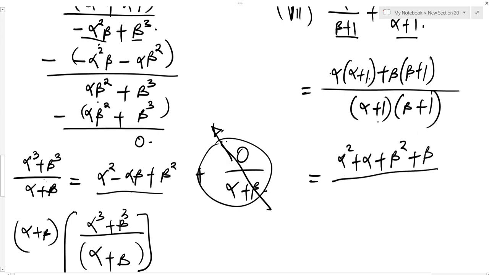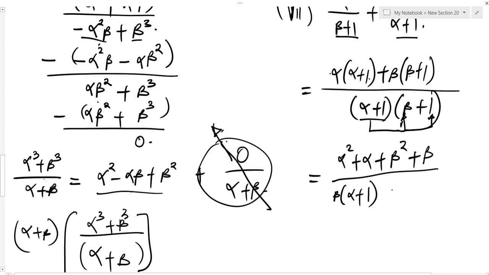Divide by this times this and this, the whole of this times this and this. So the first one, which is this, will be beta times alpha plus 1.